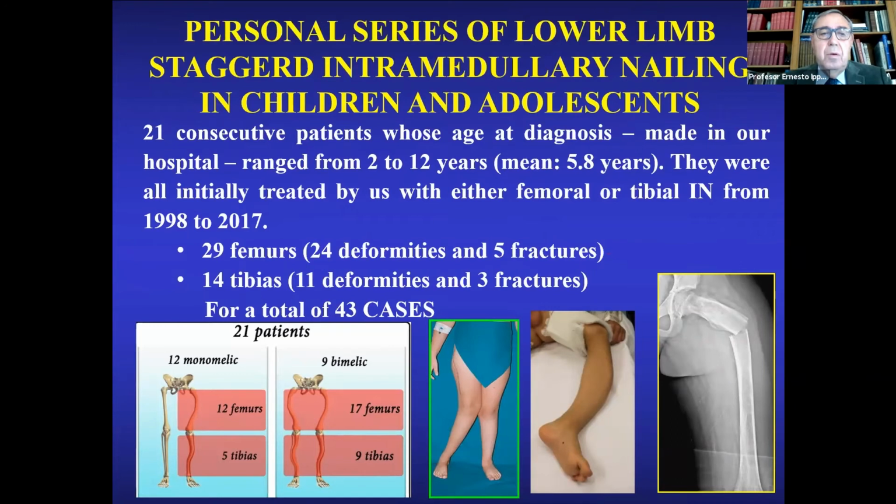They were all initially treated by us with either femoral or tibial intramedullary nailing from 1998 to 2017. There were 29 femurs, including 24 deformities and 5 fractures, and 14 tibias, including 11 deformities and 3 fractures, for a total of 43 operated cases.